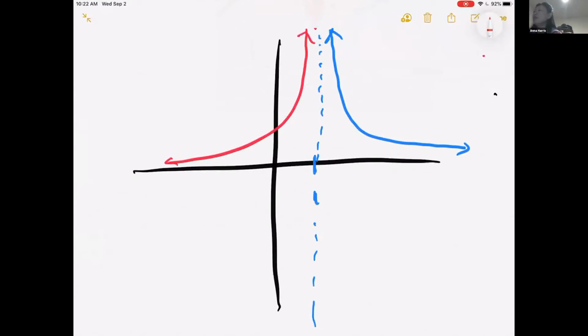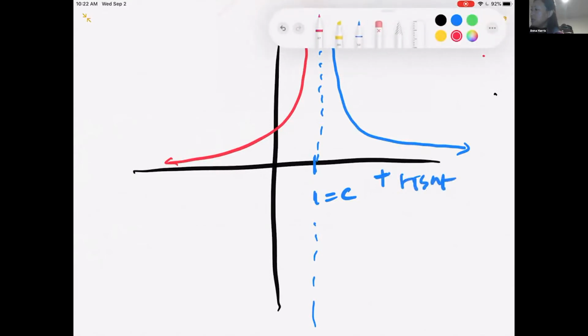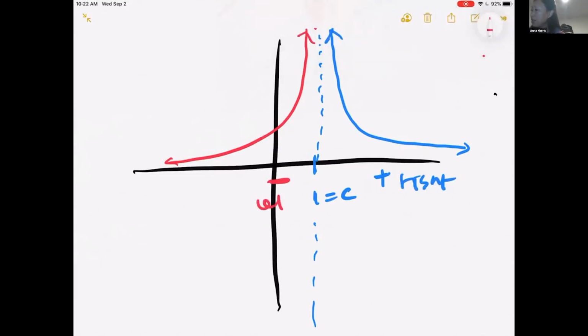Okay, now let's look at that. In this case, this is my c. So let's look at my right-hand side limit. Remember, looking at this, this is my right. This is my left. And this is my dividing line right here.